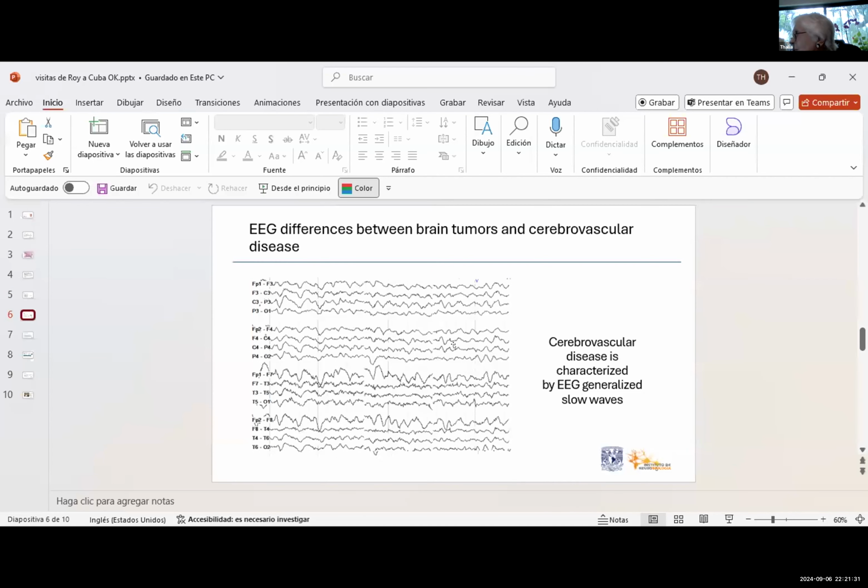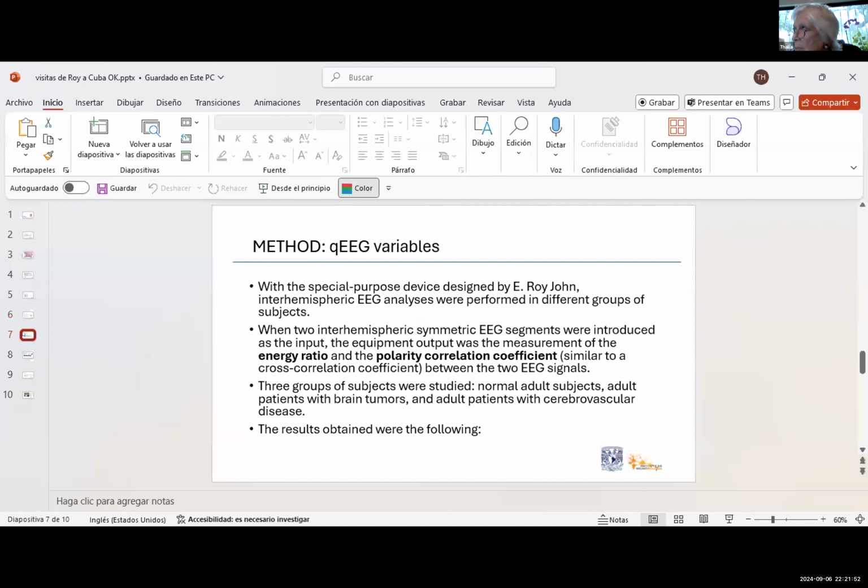So this is the main difference between the diagnosis of a brain tumor and the diagnosis of a cerebrovascular effect. Using these considerations, we applied this to the symmetry analyzer.